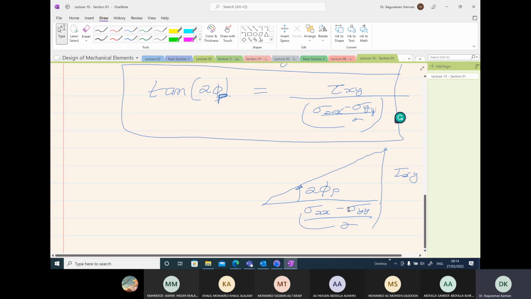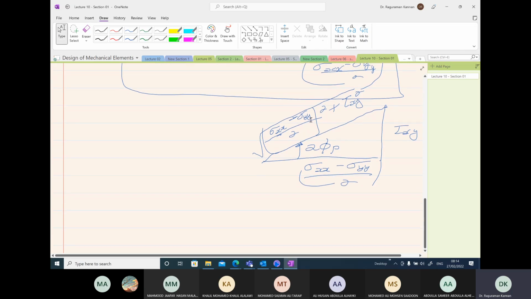I have the opposite side, the adjacent side, hypotenuse is square root of, use Pythagoras theorem, and we can write this term. Okay. So now we can get the cosine of the angle.